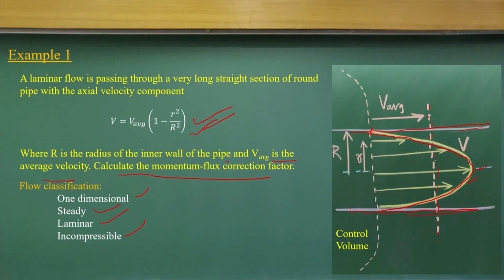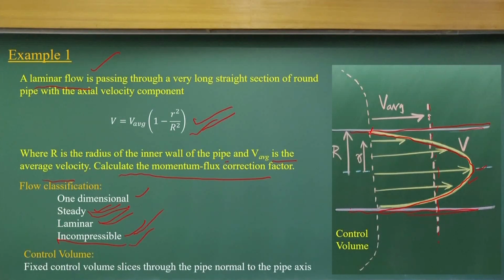It is one dimensional flow because I know the velocity distribution. There is no time component, so it is steady flow, and the flow is laminar, as already highlighted. In this case, pipe flow may not have a Mach number more than 0.3, so the flow can be considered incompressible.